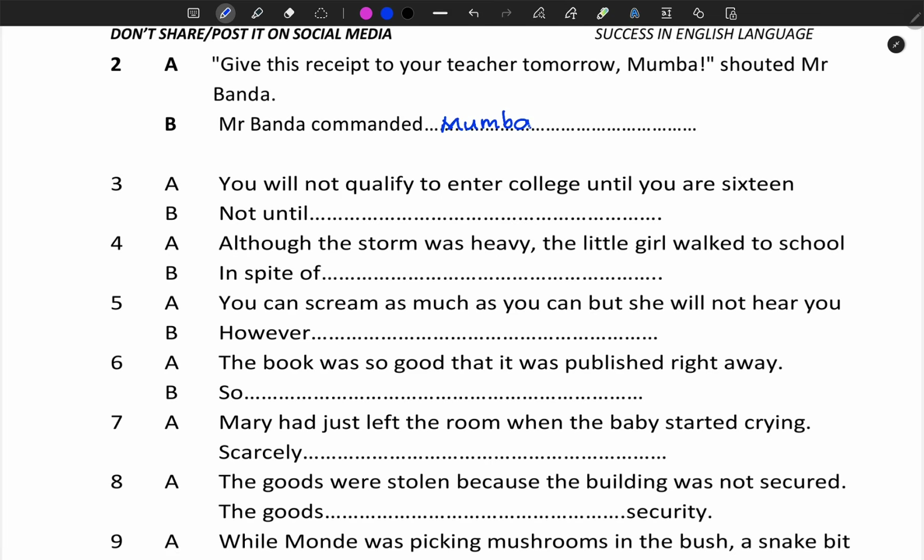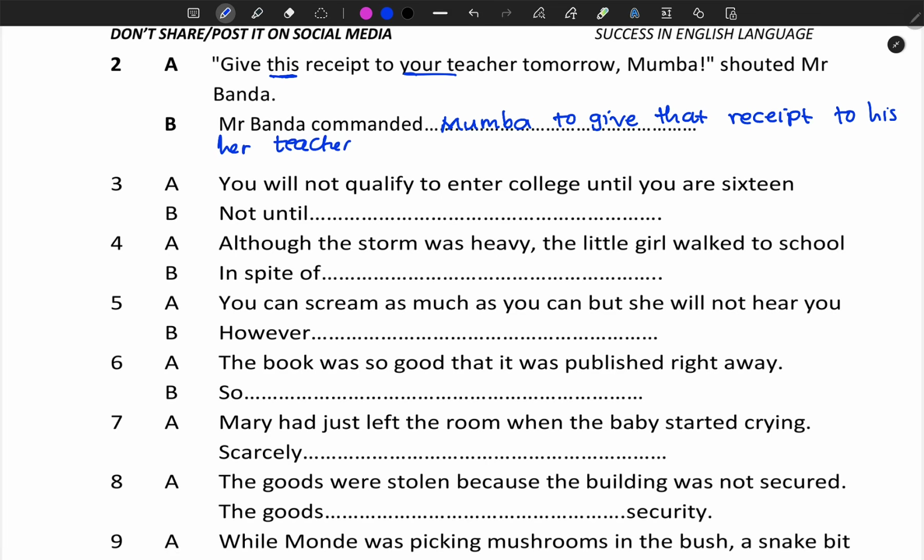So commanded Mumba to give. So "to give this" will change to "to give that receipt." "To your" will change to "his" or "her teacher."